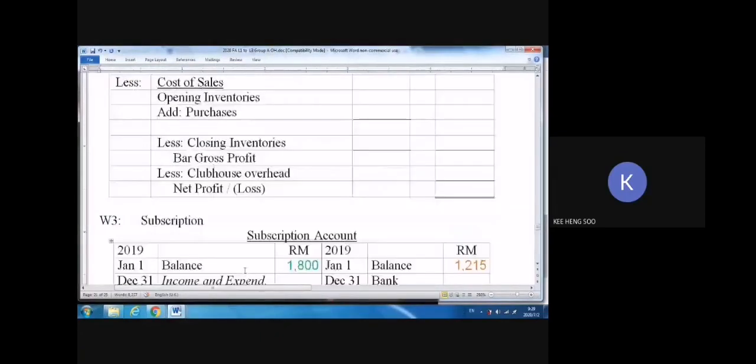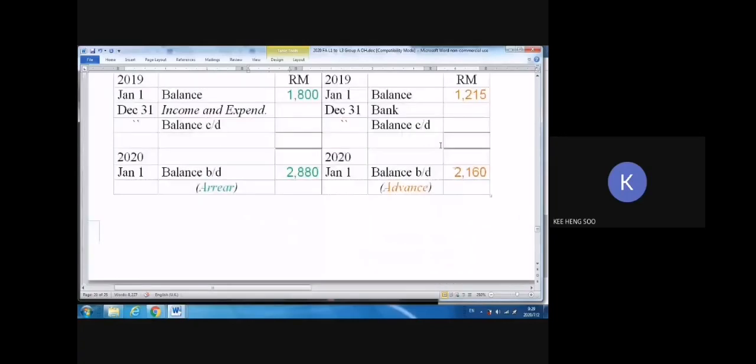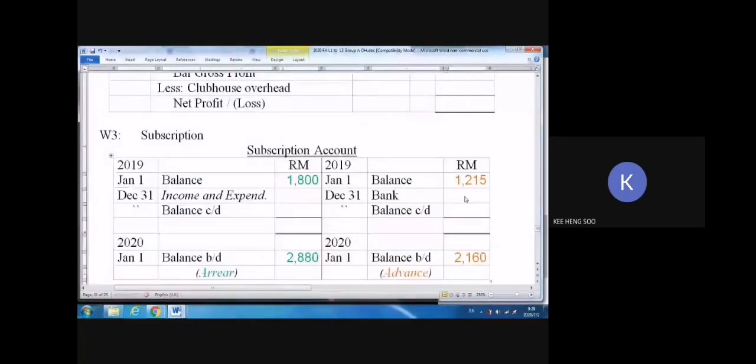So, go back to your income. You receive 50,400. Receive here. First time you debit, then I credit here. This is amount received, the money that you receive.